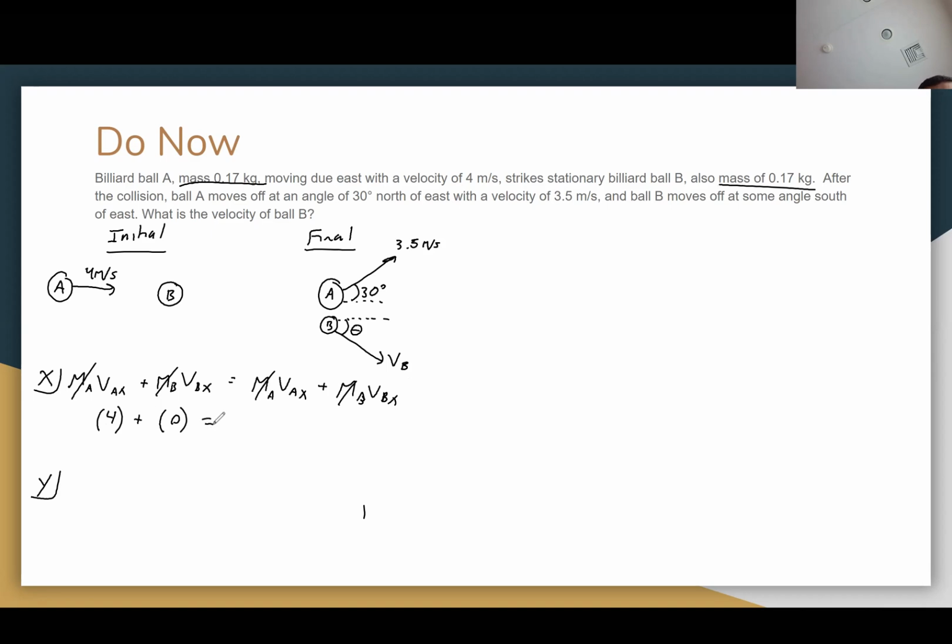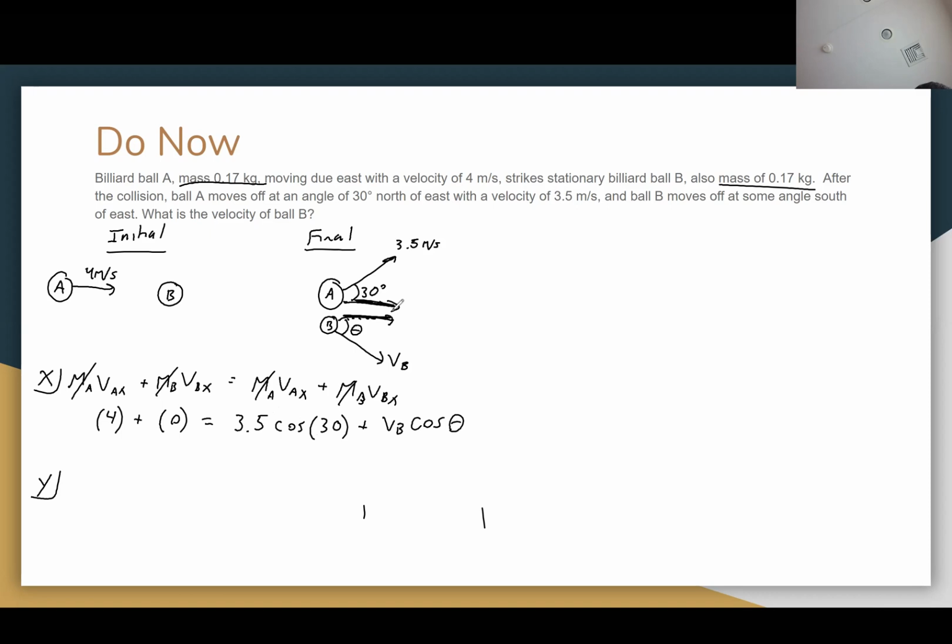And we have to break up our velocity into its x component, which we know is its total velocity times the cosine of the angle that it's moving at. That's going to be added to the velocity of ball B times the cosine of the angle that it's moving at, because we are interested in the x component for both of them.